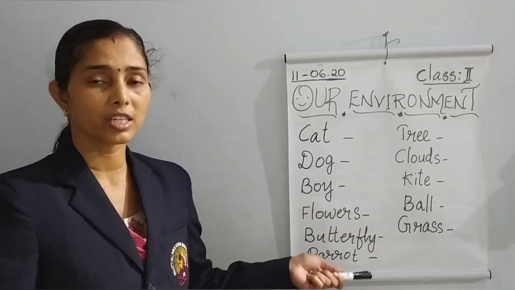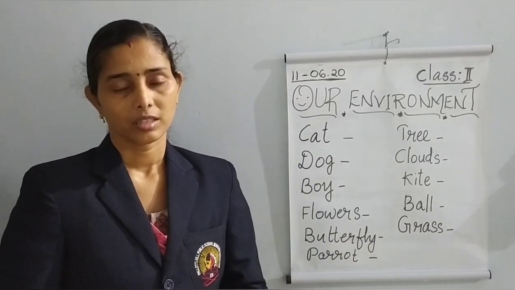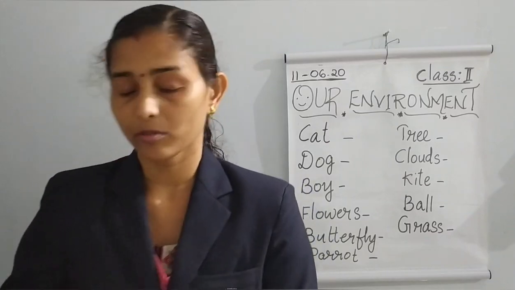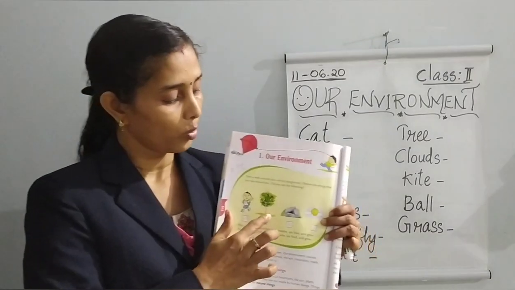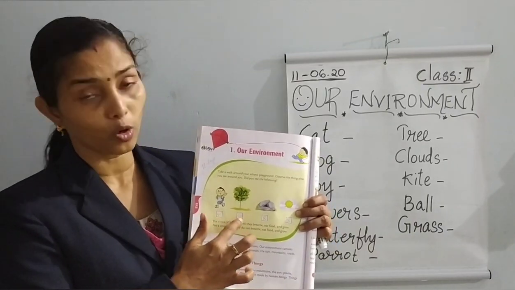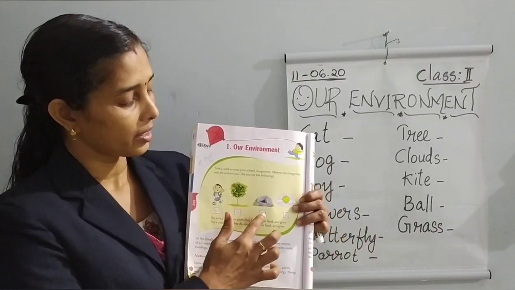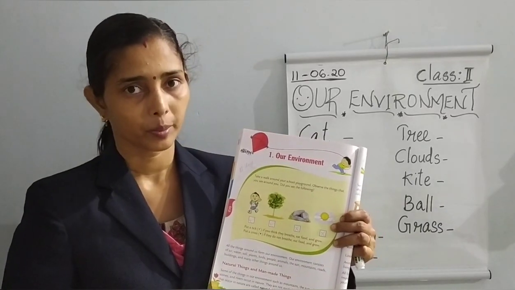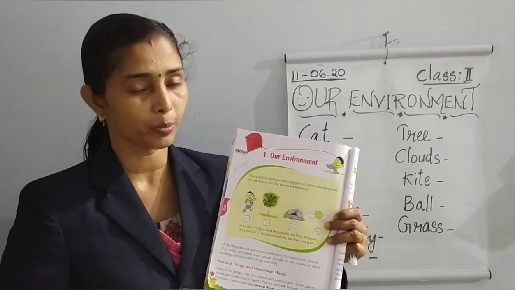So these given things have some differences. In the beginning of this lesson, we have done one activity. In this, we put a tick for two things and a cross for two things. Why did we put it like this?